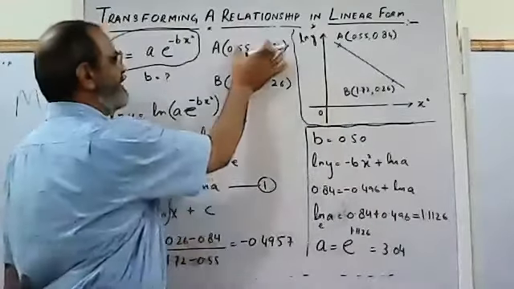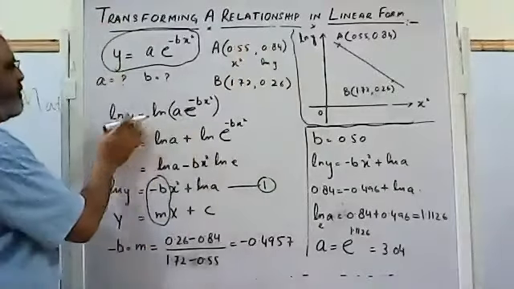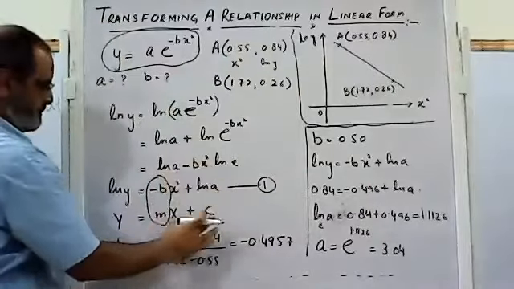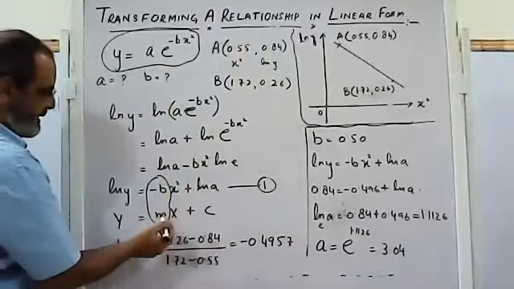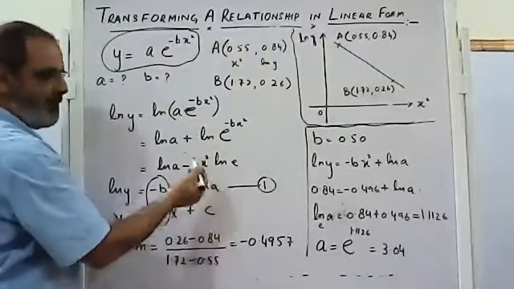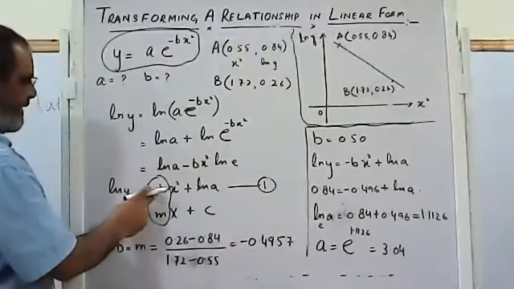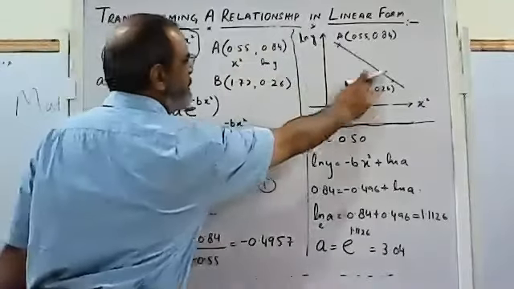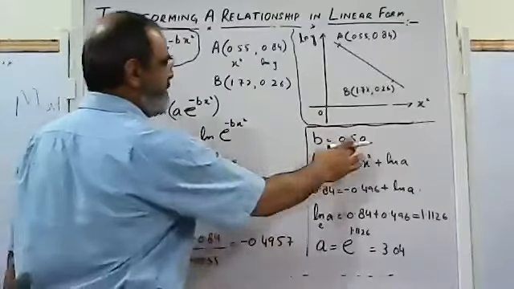So first I converted the given equation into linear form, and this linear form shows me that the gradient is minus b and c is equal to ln of a. To find the value of b, I have taken the gradient using these 2 points. So I got the gradient, which gives me the value of b.